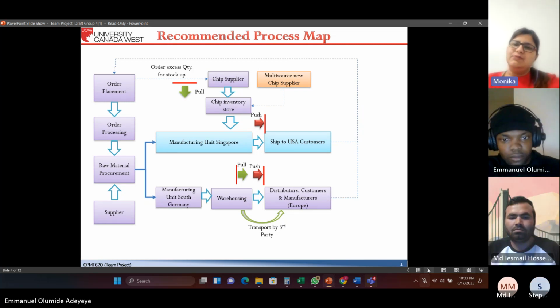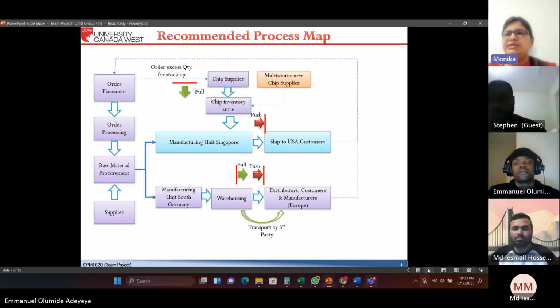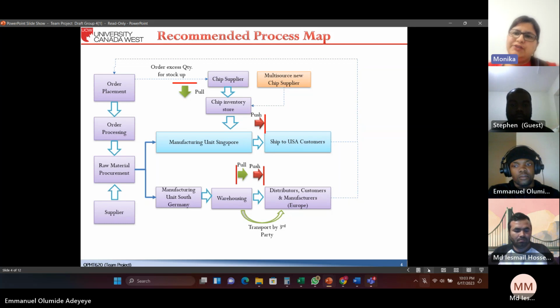Second, as you can see, we are working on the chip supplier bottleneck process. To reduce it, we provide a multi-source new chip supply to reduce the time and save the cost. From there, it goes to the chip inventory store, and from the chip inventory store it goes directly to the customer.